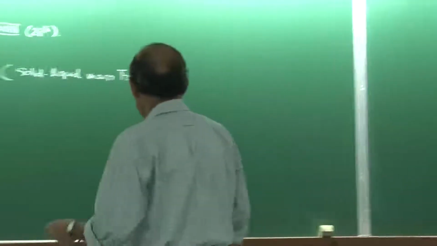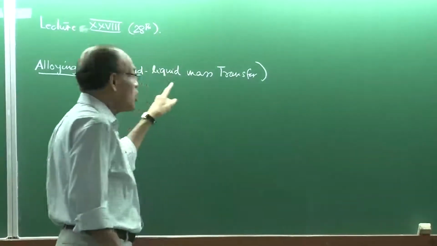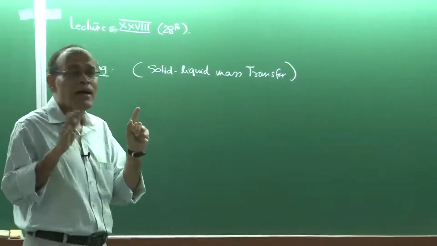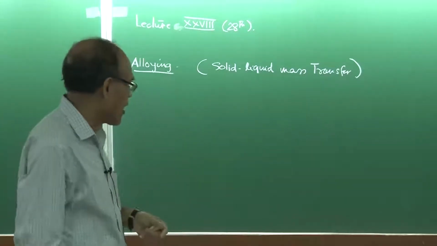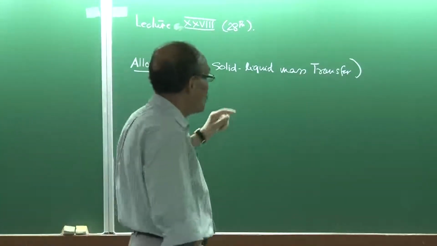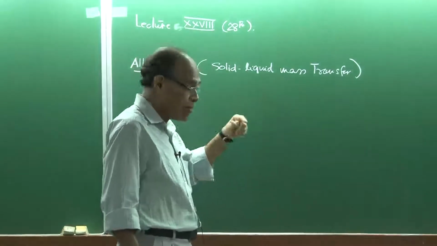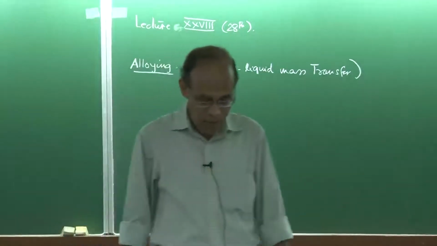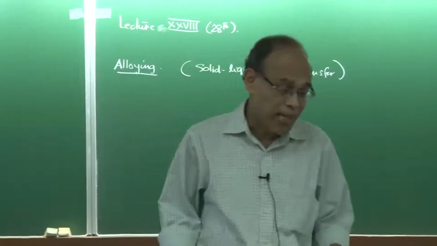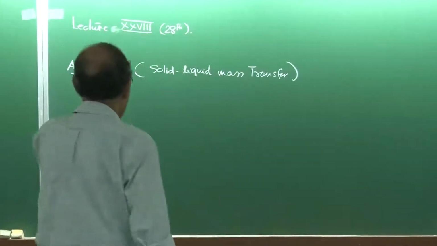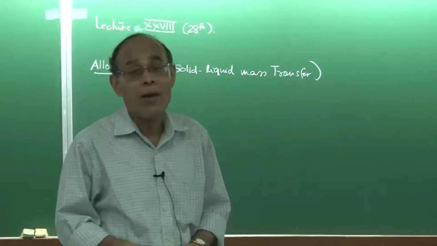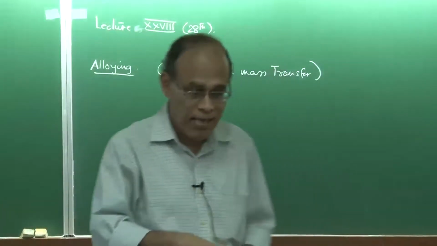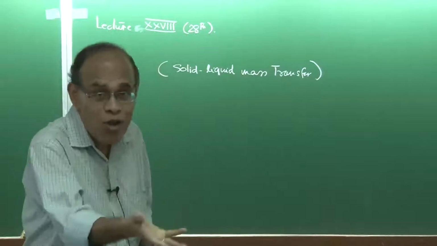So basically, we are now talking about solid liquid. We can consider it to be predominantly occurring at isothermal conditions. So it is not the melting phenomenon that we wish to investigate, but dissolution. But as I said, alloying may involve melting, because for example, if you want to make chromium alloy steel, chromium will first melt in steel and then dissolve into steel.